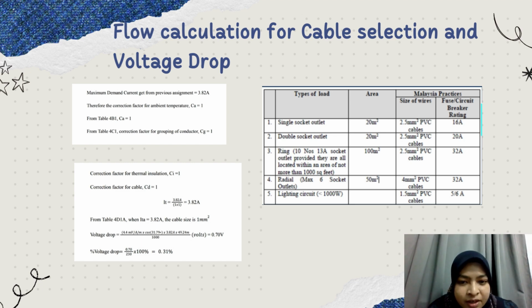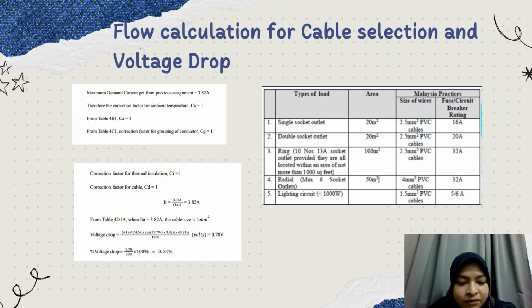Then we can find the current. The current is equal to maximum demand, which is 3.82, over 1 times 1, which is CA, CG, CD and CI, equals 3.82 amperes. After we get the current, we can find from the table for D1A the cable size, which is 1 millimeter.